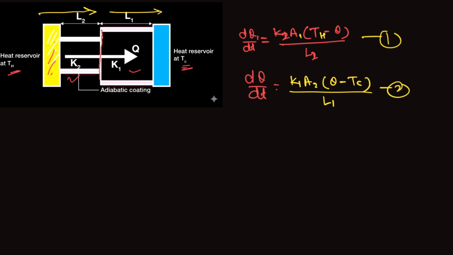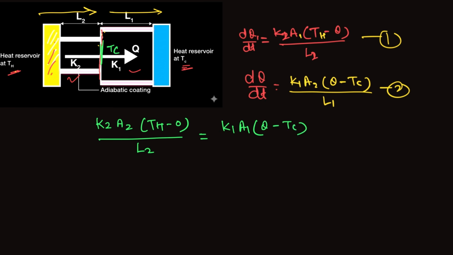So whatever current flows from the first end Th to the midpoint, the same current will reach from the midpoint to the extreme point, and the temperature of this layer is Tc. Now if I equate these equations, we can write K2 A2 (Th minus theta) divided by L2, which should be equal to K1 A1 (theta minus Tc) divided by L1.